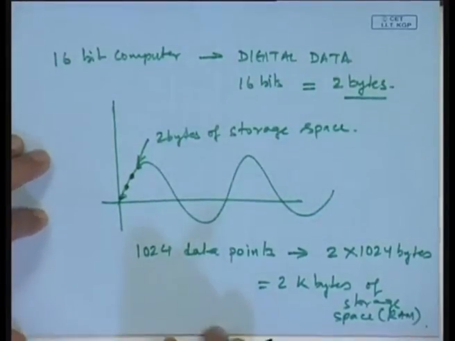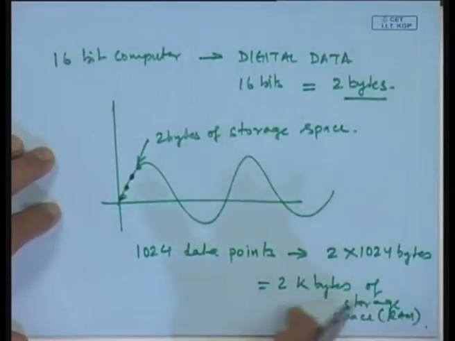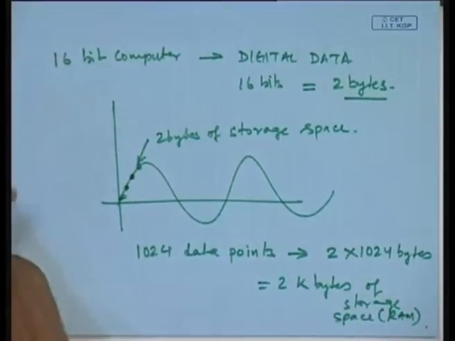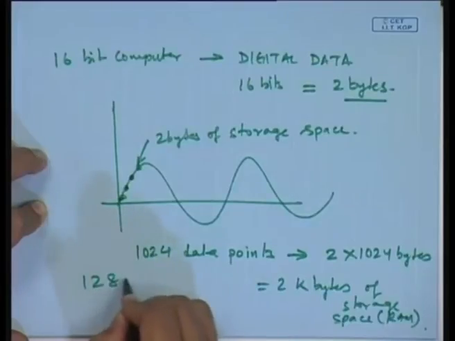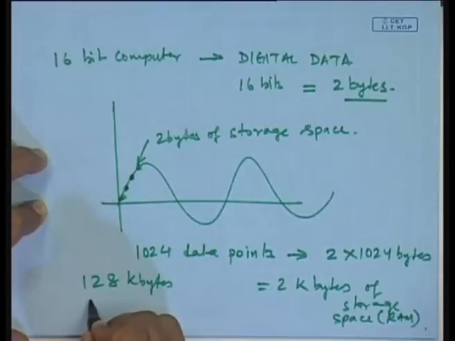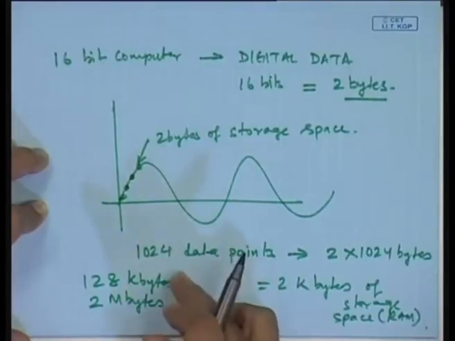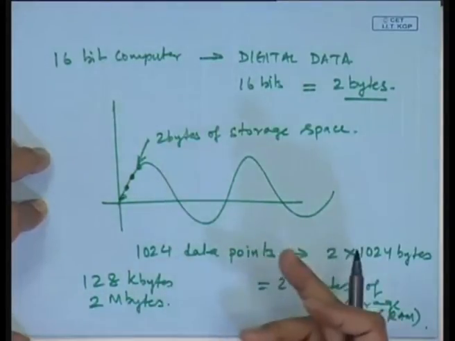Okay. So, once these 2 kilobytes of space are used up, if you are still going to do more A to D conversion, either it will overwrite or it will abort some process. Cards are available with 128 kilobytes. Nowadays, cards are available with 2 megabytes of storage space, obviously, and going to gigabytes. Of course, the more the storage space, the costlier they will become.